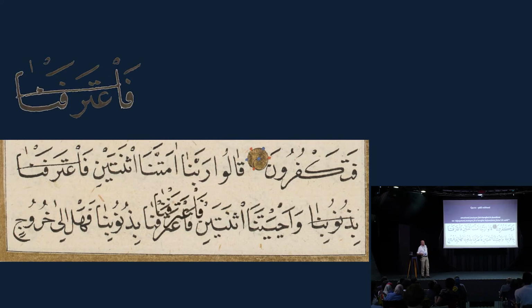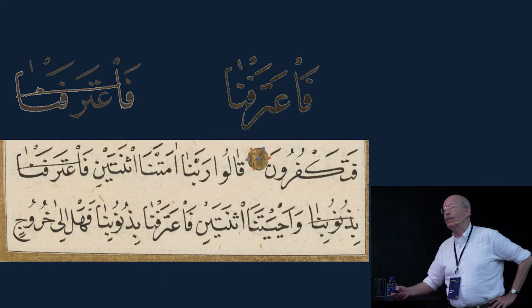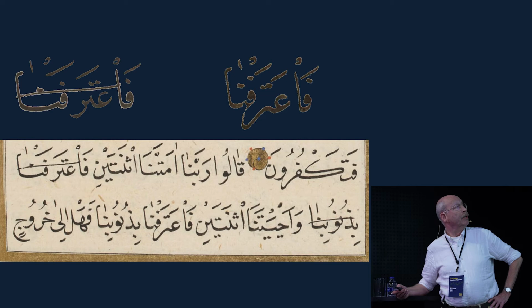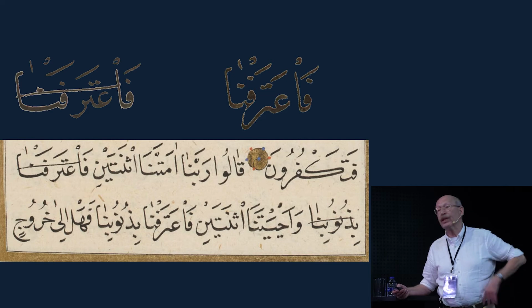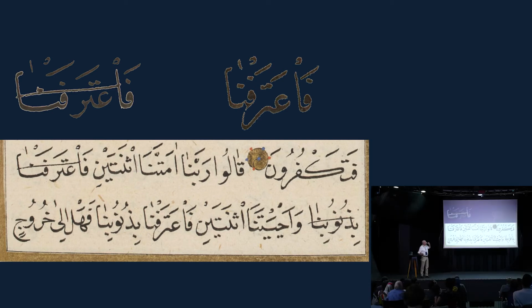Now, what strikes me here is not the error. This is a minimal pair. I have on one page the word fa'atarafna. Forget the strikeout, because it is at the wrong place, but it's perfect. And you have fa'atarafna again, in a completely different form.